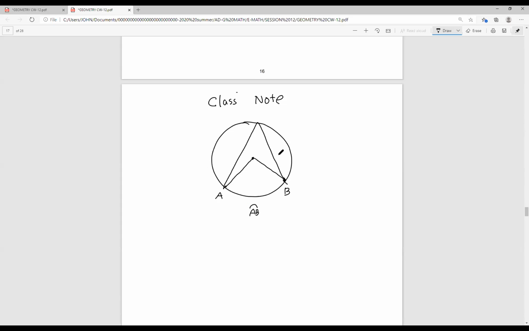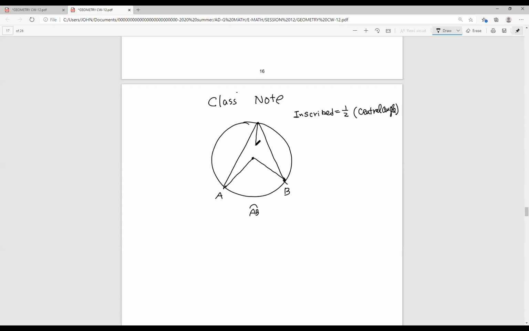We already know that inscribed angle is 1/2 center angle. Center angle is 2 times inscribed angle, same thing, okay? So in general, we're gonna prove this.